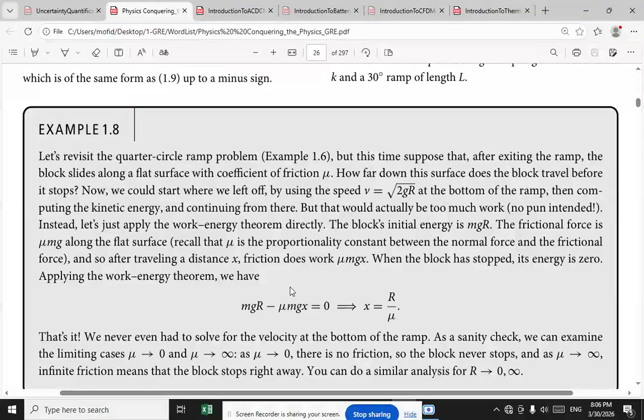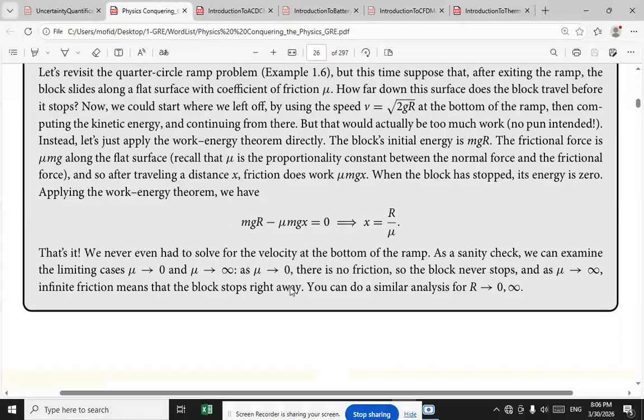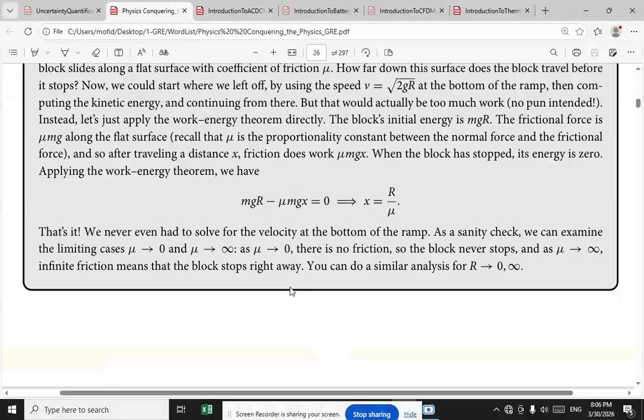When the block has stopped, its energy is zero. Applying the work-energy theorem, we have mgr minus mu mgx equals zero, which gives x equals r divided by mu. That's it. We never even had to solve for the velocity at the bottom of the ramp.